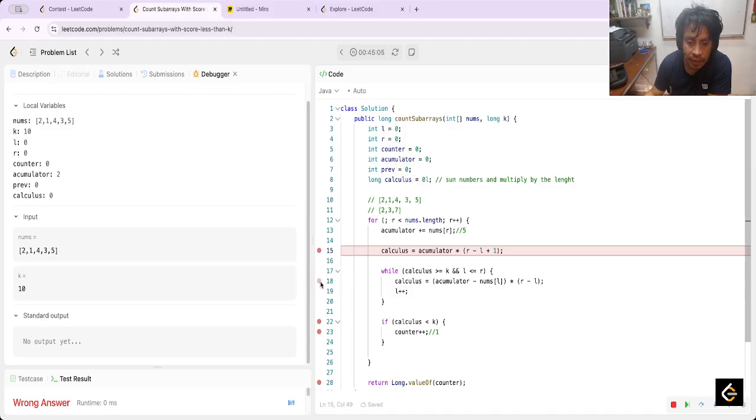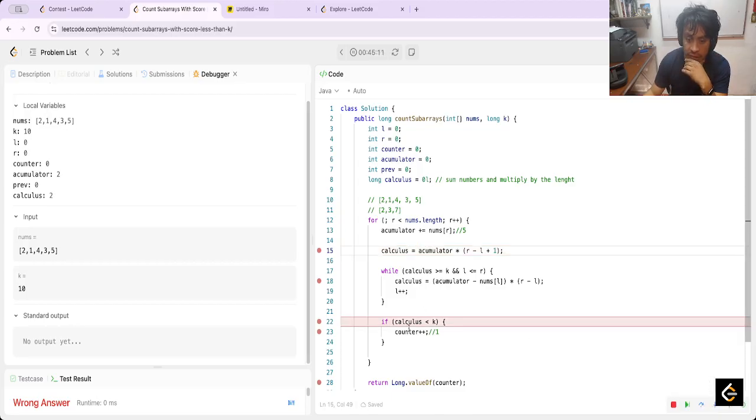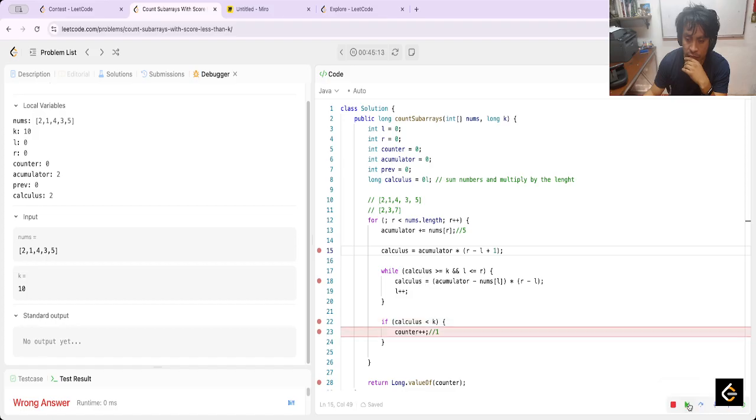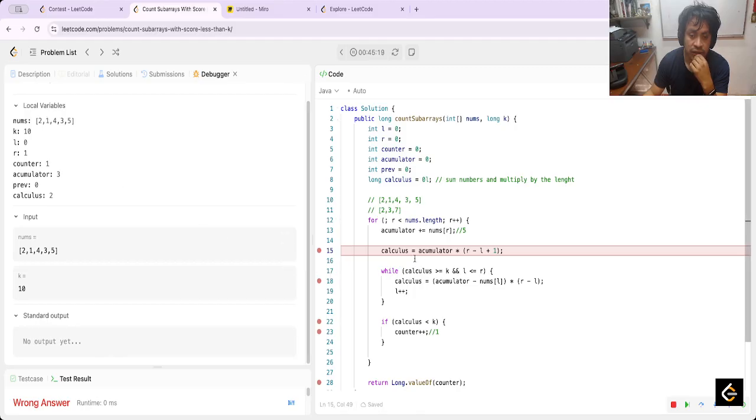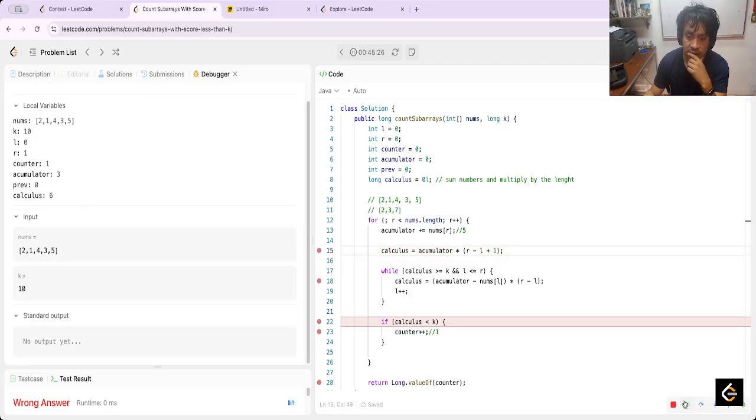Sorry. In this case the first time accumulator is 2, and this should be true. 1. Now the next, accumulator is 3 because it's 2 plus 1 is 3. 3 multiplied by 2 is 6. 6 is minor than 10. Is counted.